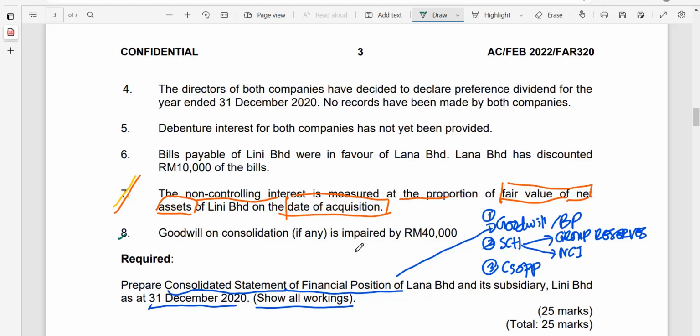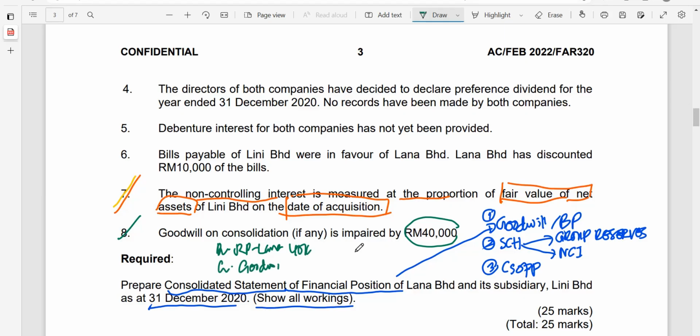And if you check the information in the question, you are informed of some last information there on impairment. So there was an impairment of 40,000. If there is an impairment, you will be debiting the retained profit of Lana, which is the group or the holding company there, 40, and you are going to credit the goodwill.